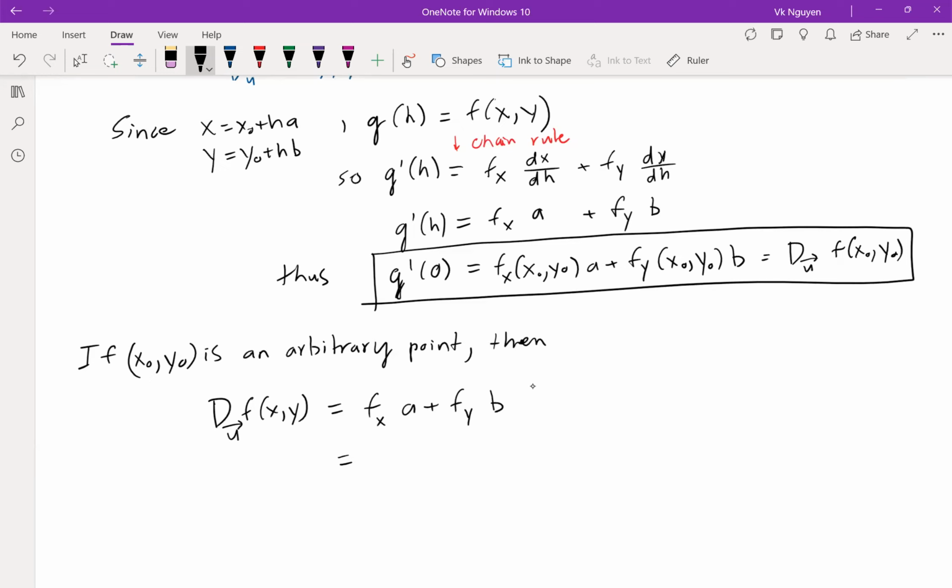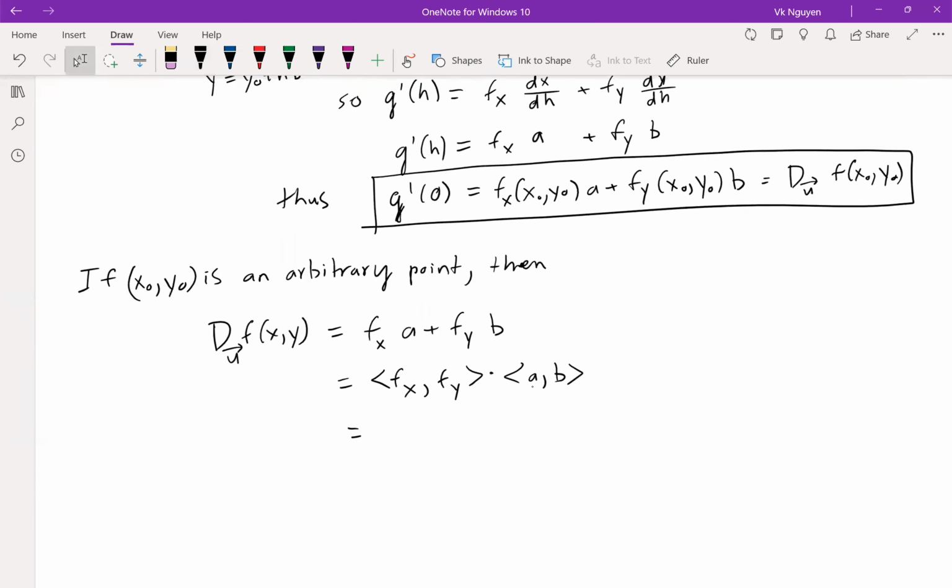Well, you can do this, right? You can cut it into two vectors, (fx, fy) dot (a, b). And for f(x, y), we have this notation here: it is the gradient vector, and this is the unit vector.